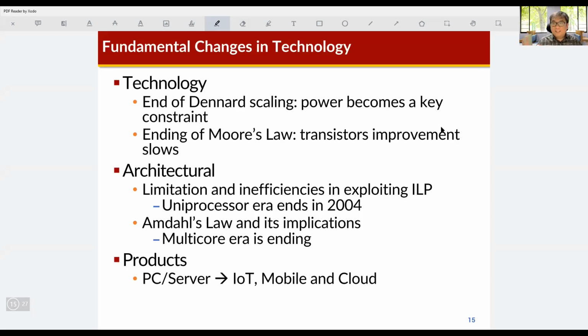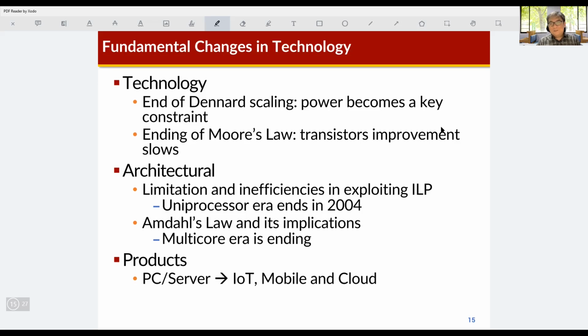So combining all these factors, the power density per unit area is maintained when the channel length of the transistor is reduced. That is the Dennard scaling, but it also ends.